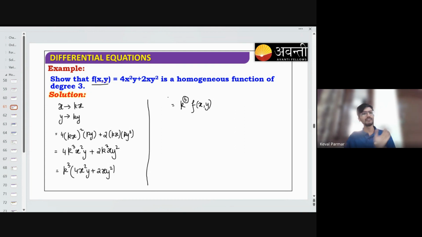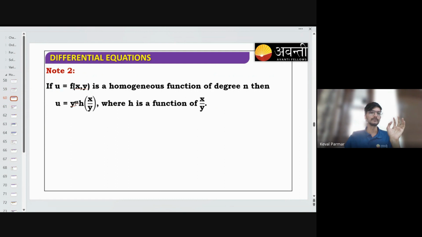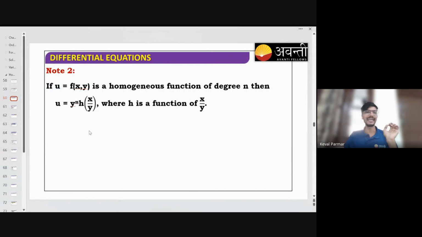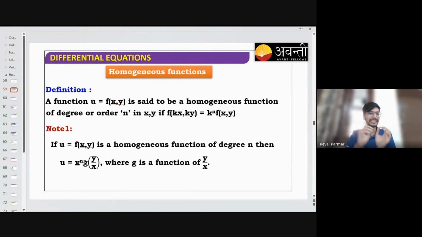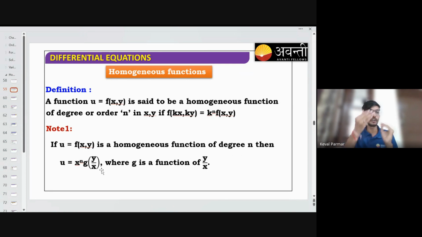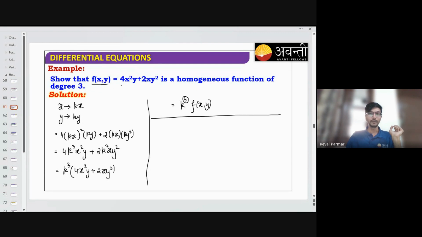Got it? One more thing, a key property of homogeneous functions: I can take x raised to the power n common, or y raised to the power n common. And after taking x raised to the power n common, if I get a function g of y by x, that is a function in terms of y upon x, then too my function is always a homogeneous function. Let's check this in this example. Suppose from this, I took x cube common.